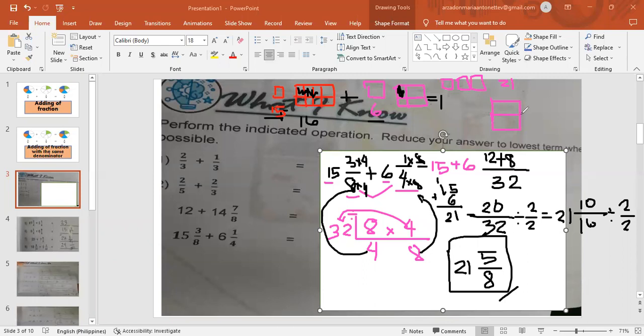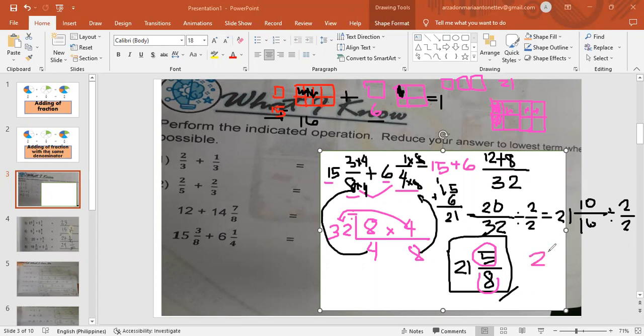In one rectangle, there are 8 parts. 1, 2, 3, 4, 5, 6, 7, 8. So that is 8. But in that 8 parts of the one rectangle, 5 are shaded. 1, 2, 3, 4, 5. Look, there are still 3 that are not shaded. So it's not yet complete.